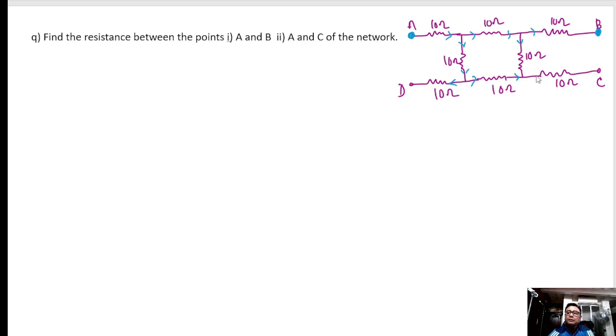Now some part which will try to go here, there is no path, so it will again return back and meet with this and come back. This is the net. That means this part has got no use, this part has got no use. Clear? So if I redraw the figure, it will be like this.